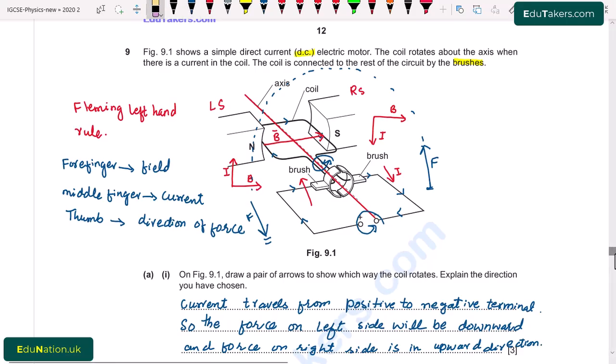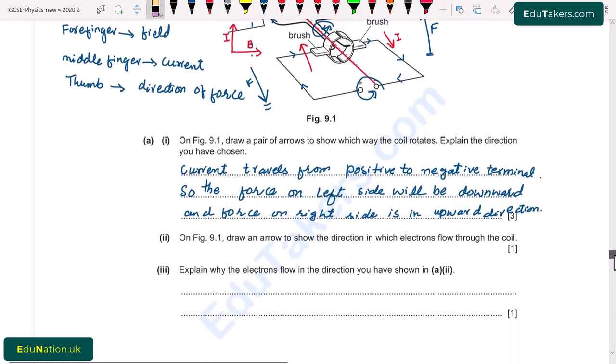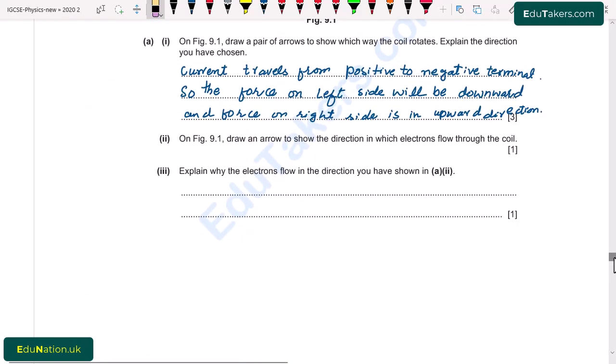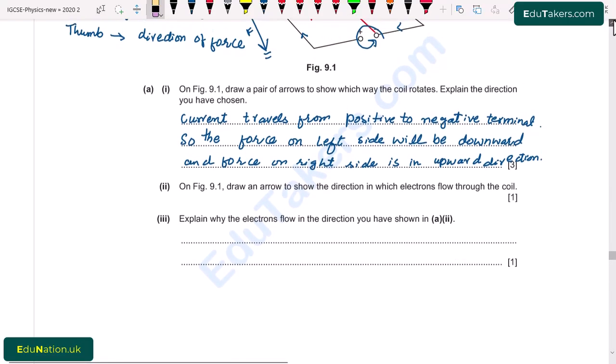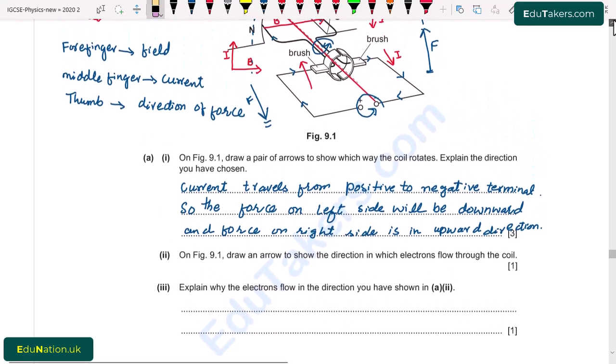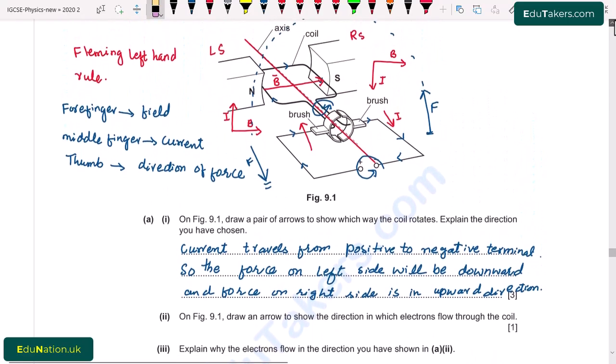So moving towards the other part of this question. Part 2, on figure 9.1, draw the arrow to show the direction in which the electrons flow through the circuit. Here we have to show the direction in which the electron moves. So we also have to show it on this figure.